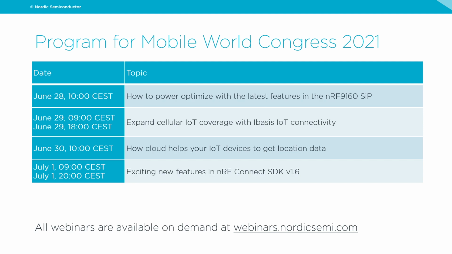On Tuesday, we had a cellular IoT coverage webinar with our cellular connectivity partner, iBasis. On Wednesday, we had a session on how the cloud helps your IoT devices get location data, so that's via assisted GPS, predictive GPS, and cell-based location. And today we had the exciting new features in nRF Connect SDK version 1.6.